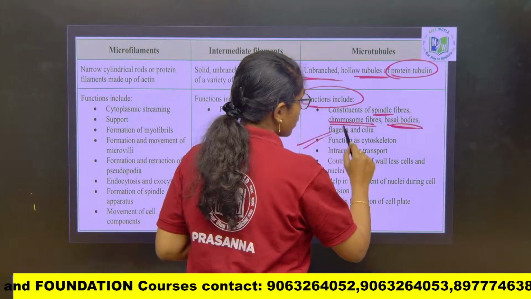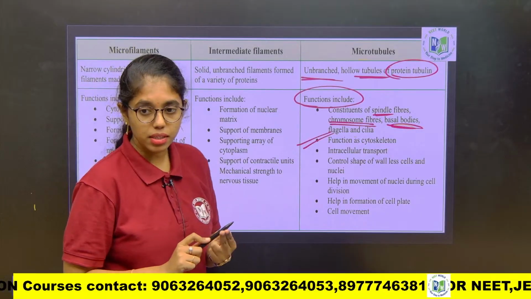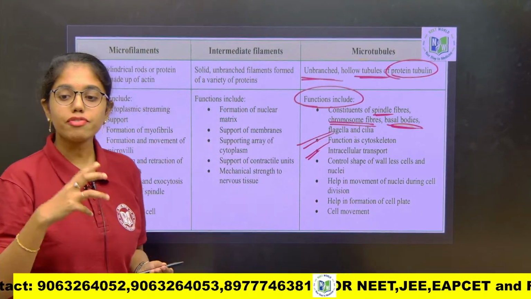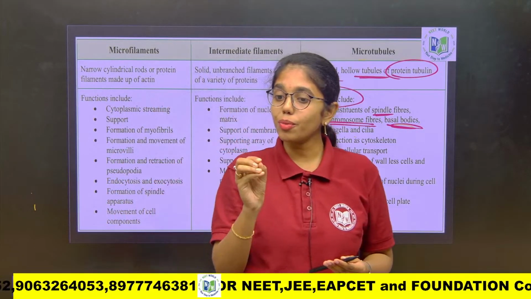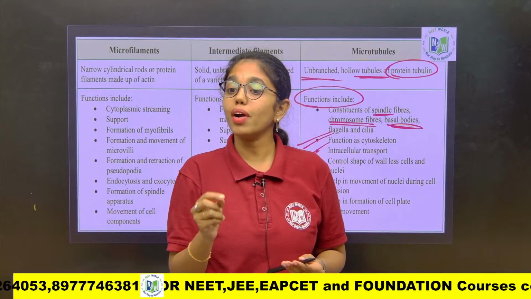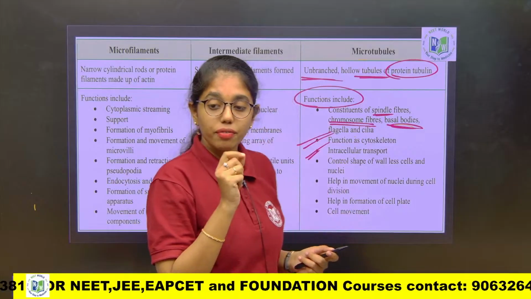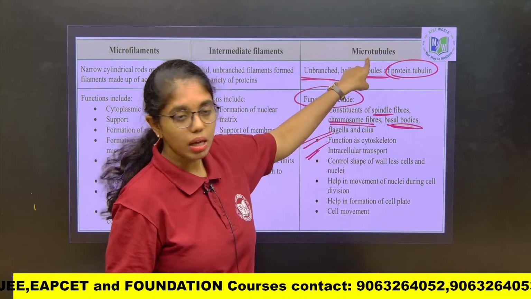Second, this functions as cytoskeleton that gives proper shape to the cell and maintains it. Third is intracellular transport. Golgi bodies release vesicles both for intracellular and intercellular targets. For reaching those intracellular targets, microtubules are helpful.